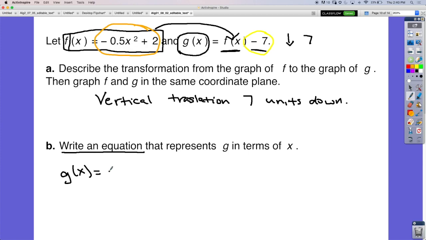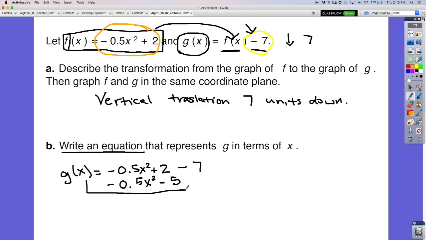So I'm just going to rewrite it: negative 0.5 x squared plus 2. And then what am I going to do with that f of x? I'm going to subtract 7. Now I'm going to clean it up. Negative 0.5 x squared. What's 2 minus 7? Negative 5. There is my new function. That's it.